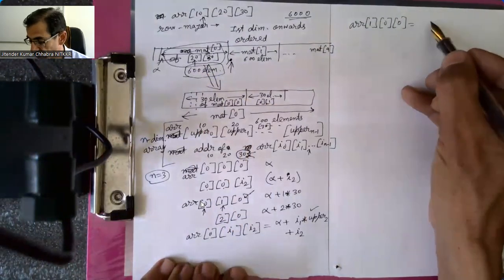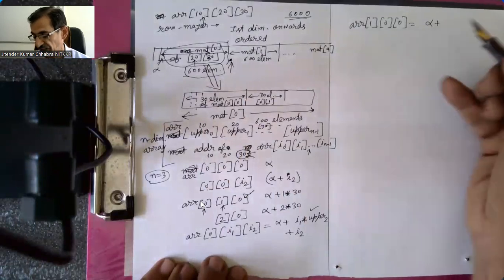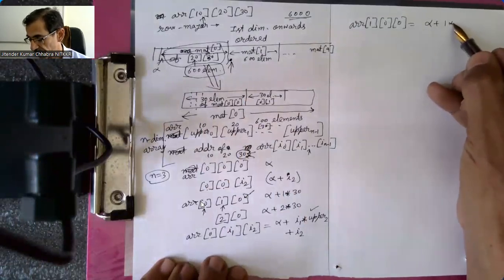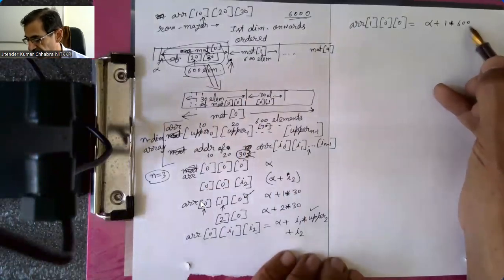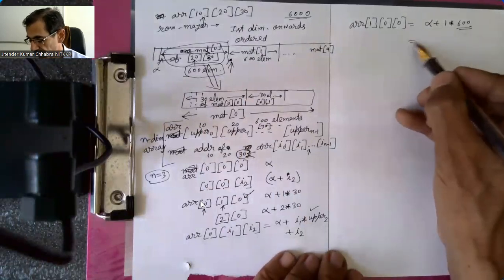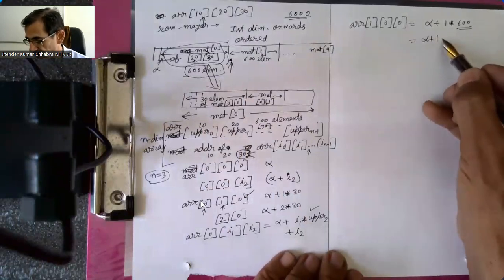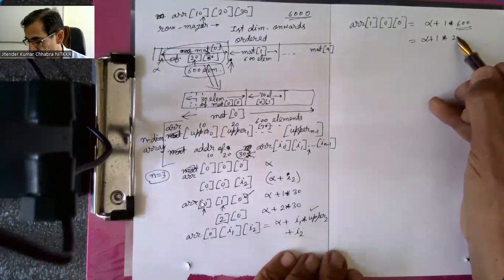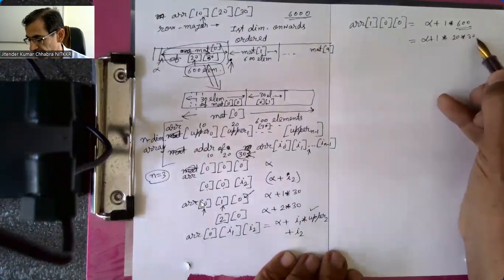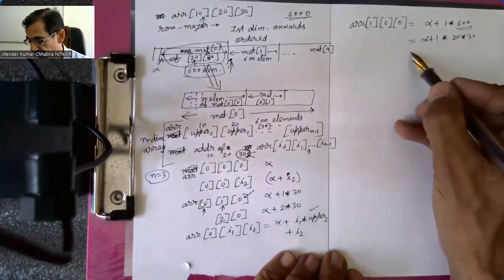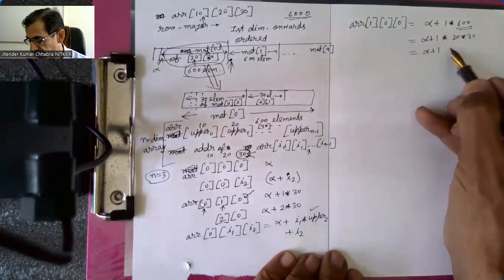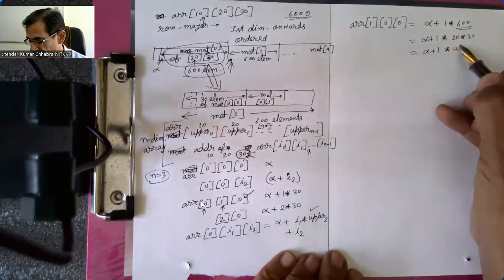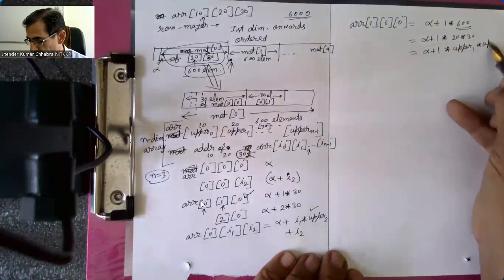So this is going to be alpha plus 600. What does this 600 actually come from? This came via alpha plus 1 into 20 into 30. Internally, this is equivalent to alpha plus 1 into upper 1 into upper 2.